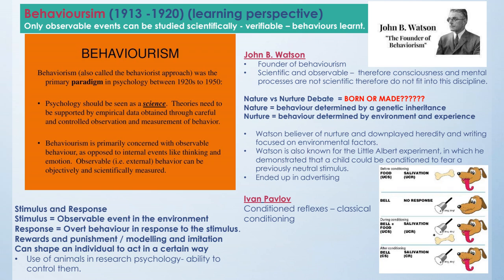Are people born this way, or are they made by things that happen around them? Is it nature, where our behaviors are determined by genetic inheritance, or is it nurture, where our behavior is determined by environment and experience? He was very much focused on the nurture component, that behavior is determined by the environment that we're in and the experiences that we have.